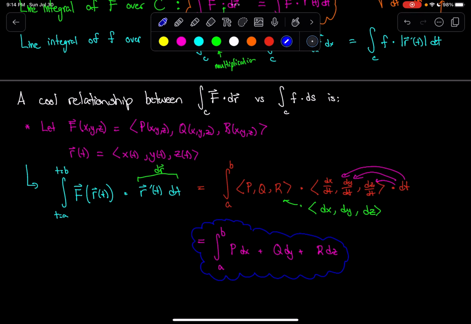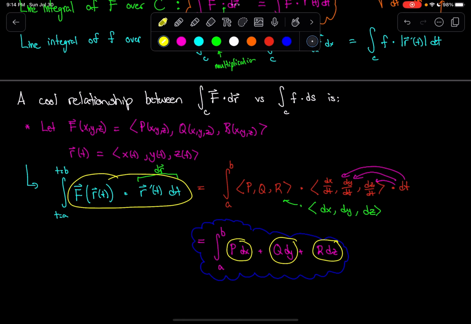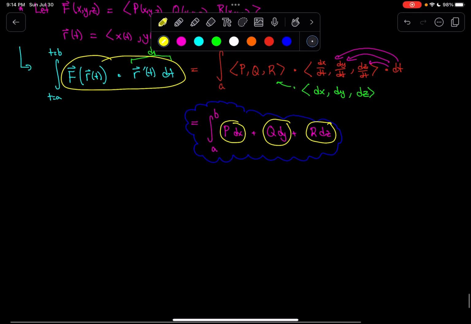You can think about this as indicating that the amount of our vector field going in the direction of our path is equivalent to how much is going in the x direction plus how much is going in the y direction plus how much of the z component is going in the z direction, right?